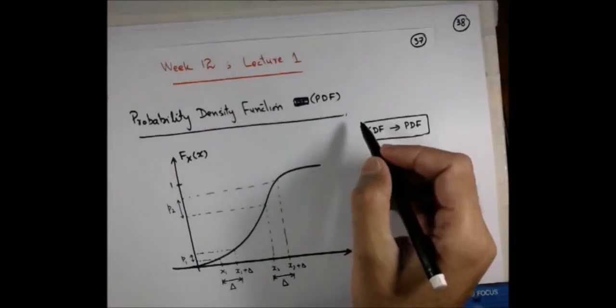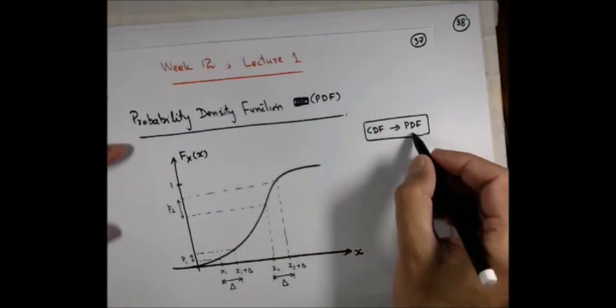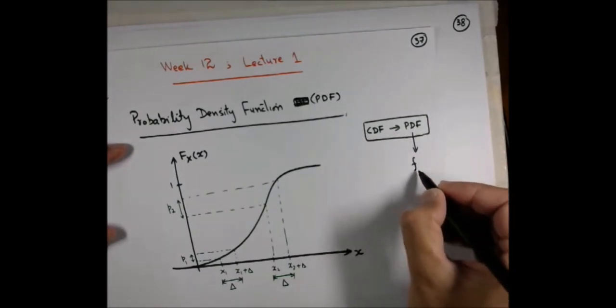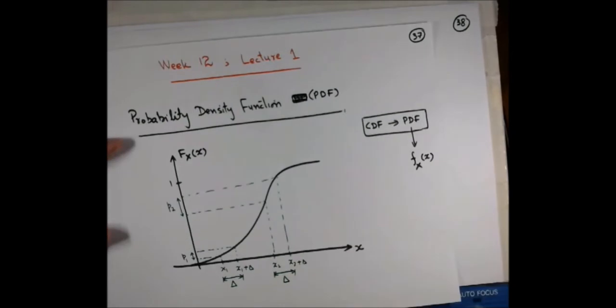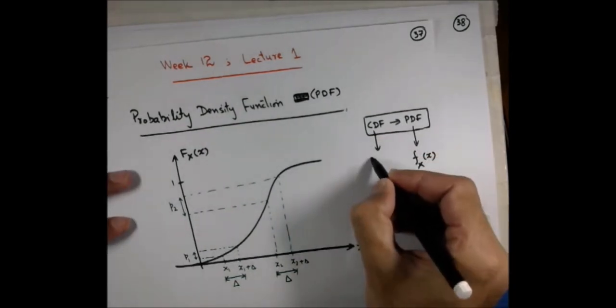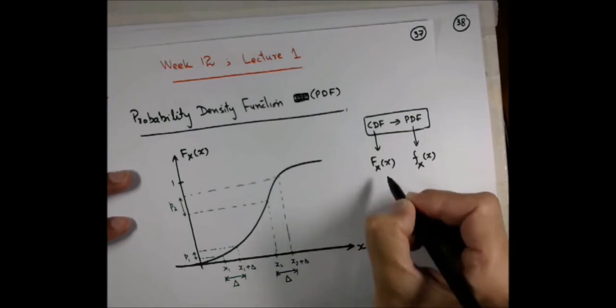By the way, the PDF of a random variable x will be denoted as this symbol, and the CDF is obviously this symbol.